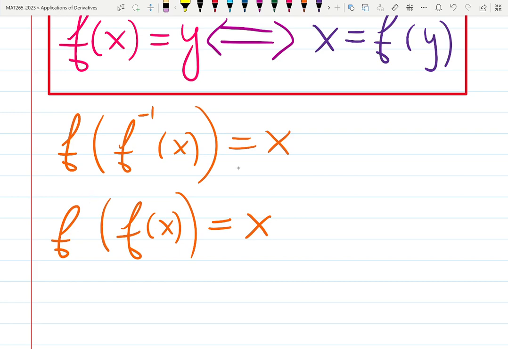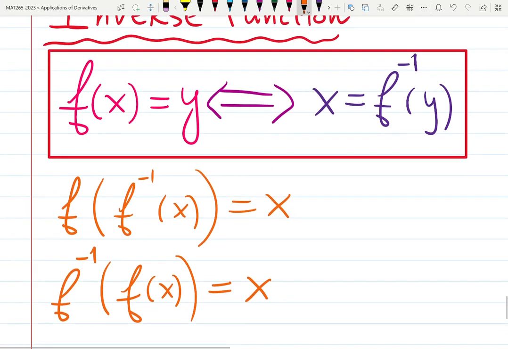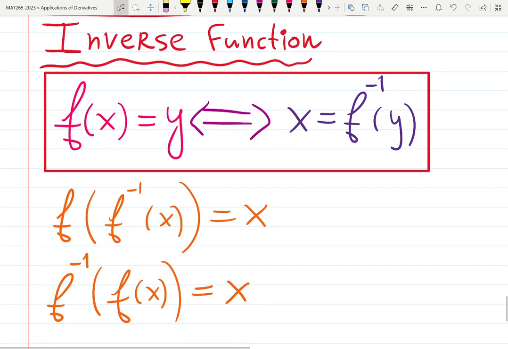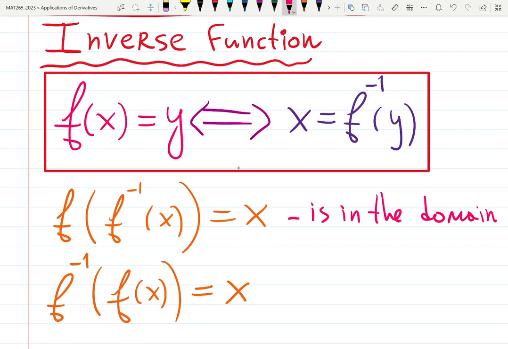That is the whole point of inverse functions. They are undoing what the other function was doing. The only difference is the confusing part, that here, for the first example, x is in the domain of inverse.